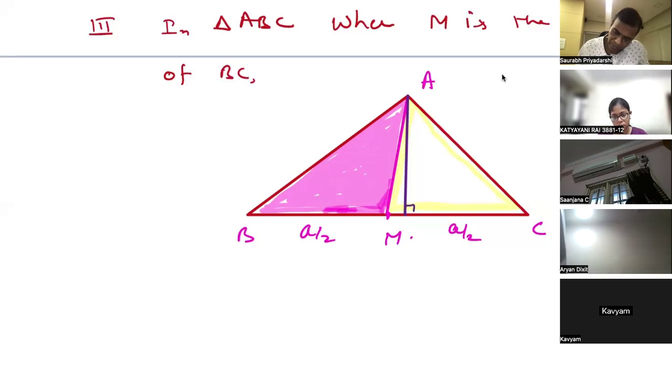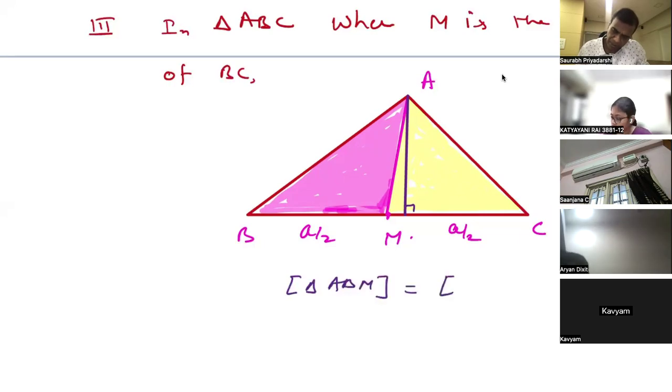Is this okay, everyone? The bases in both cases are the same and the height is also the same. Right. So obviously both the triangles have equal area. So I'm saying triangle ABM and triangle AMC both have equal areas.